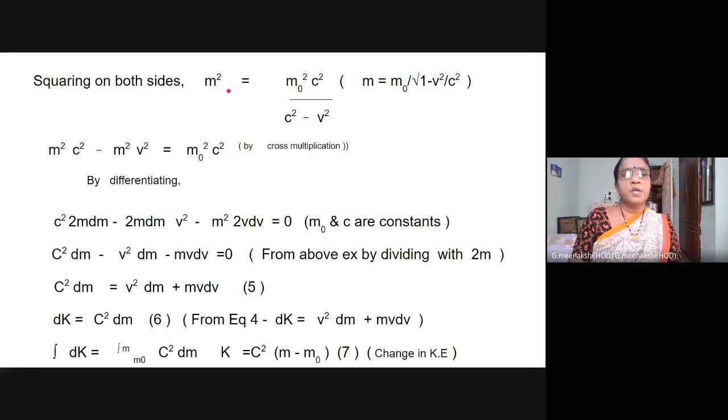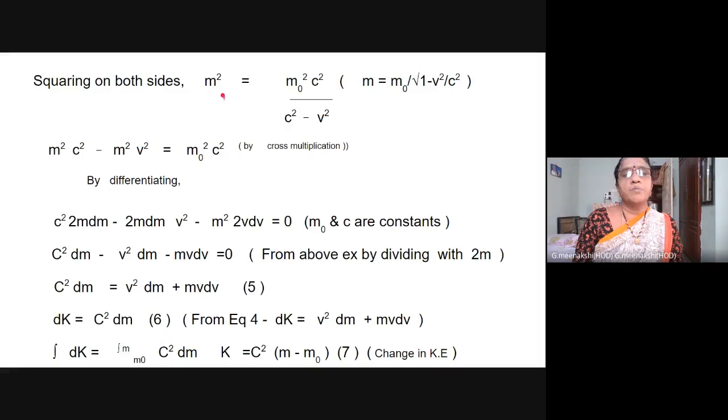Now, by cross multiplication of these two terms on both sides, we get m square into c square minus m square into v square is equal to m naught square c square on the right side. This we are getting by cross multiplying these equations.